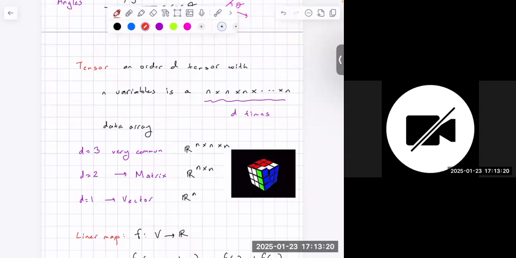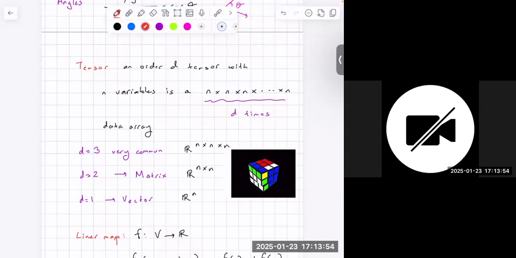Usually you use 3 tensors in most applications, but you can use as many as you want. You can go 4, 5. And just like decomposing matrices, you can decompose tensors also. Tensors have a lot of other meanings in many different parts of science. If you're a physicist and I tell you a tensor is just a data array, you might not be so happy, because for physicists, tensors record certain physical laws.